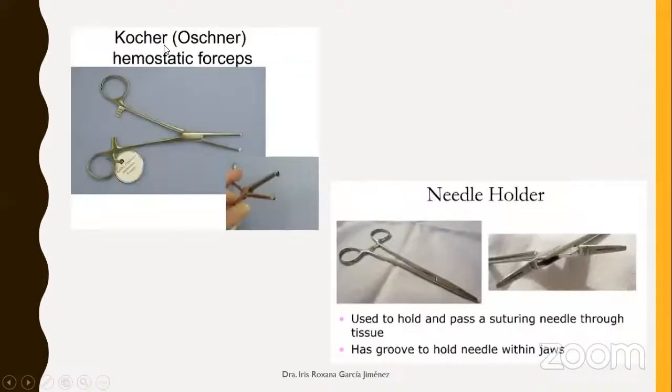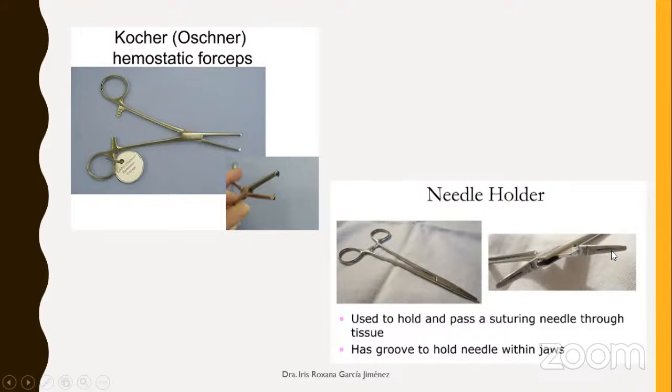The Kocher or Ochsner hemostatic forceps. You can see Kocher is similar to the rat tooth. It's for catching tissues again, hard tissues, we can say. The needle holder, of course, has a groove to hold the needle in the jaws. This line, this is the groove.